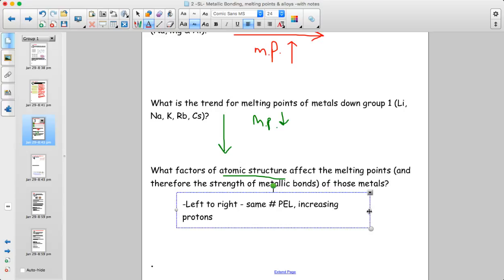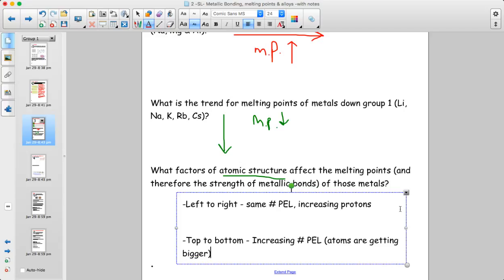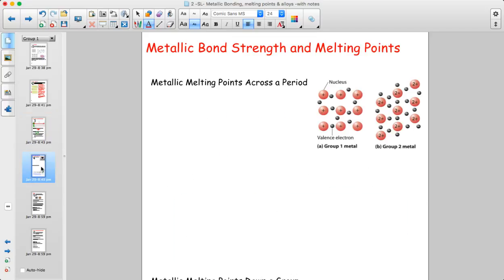And as we go top to bottom, we are increasing the number of PELs, and so that means atoms are getting bigger. All right, so let's go on and try to explain these trends.